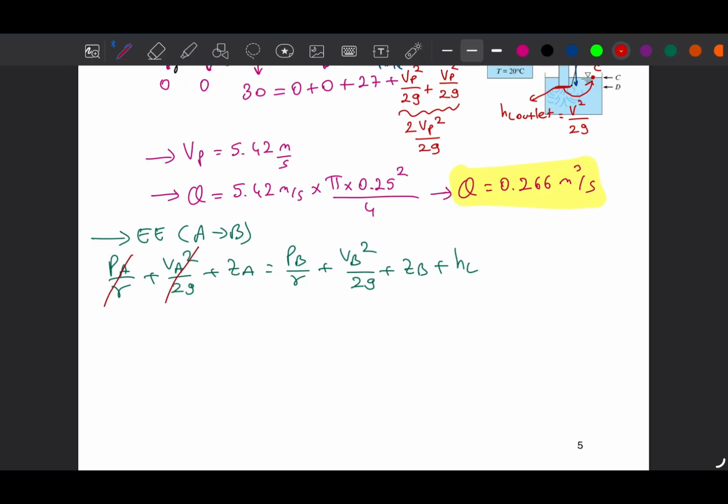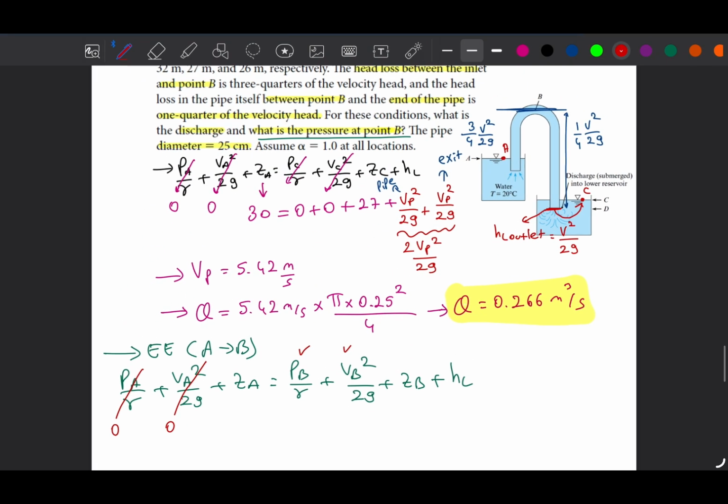So we have zero pressure, zero velocity at A, but of course we will have pressure and velocity within the pipe at point B.